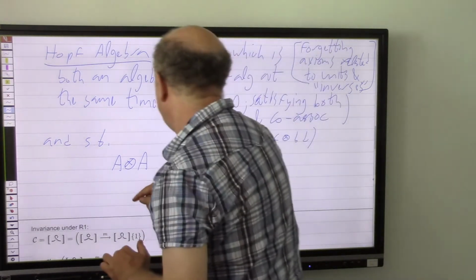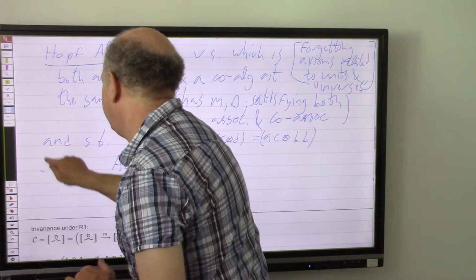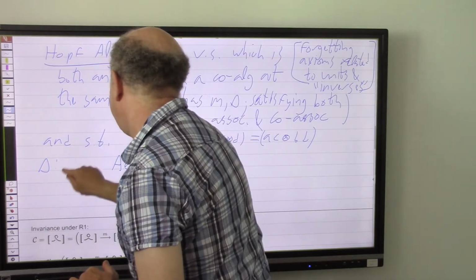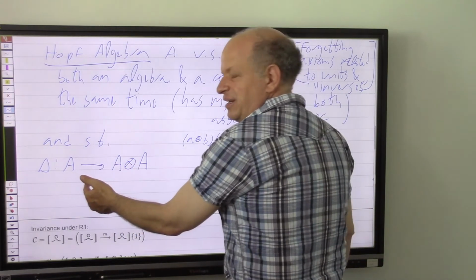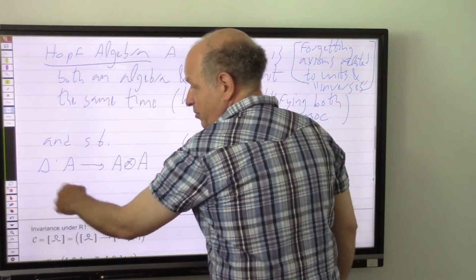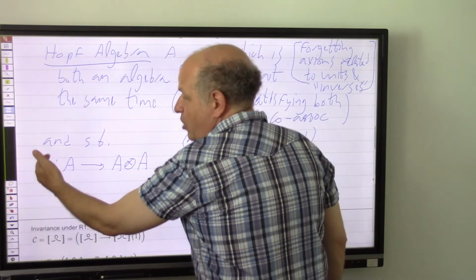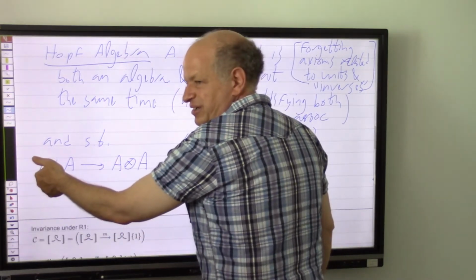But we have a map delta from A into A tensor A. This is the map that comes from the coalgebra structure.